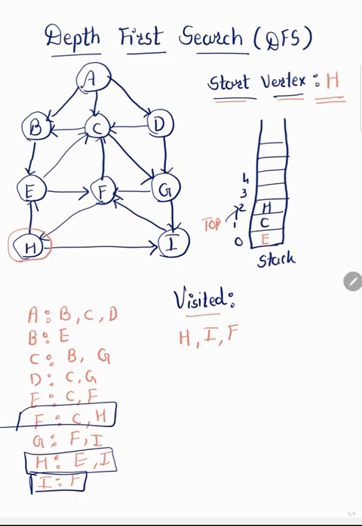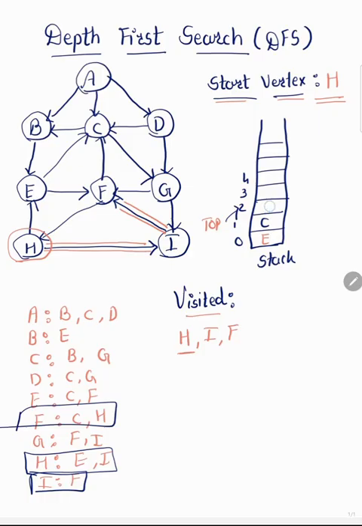The path I'm following, I'm marking that path as well. From H I went to I. From I went to F, right? Now what is the topmost element? This topmost element is H. But while pushing to the stack, you need to check whether that element is already visited or not.